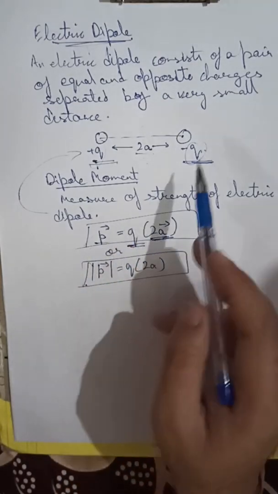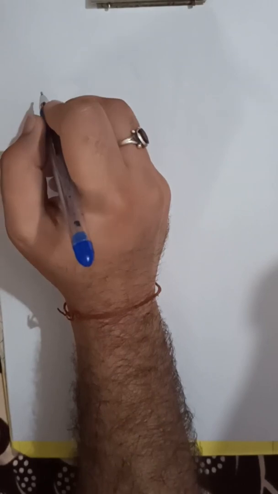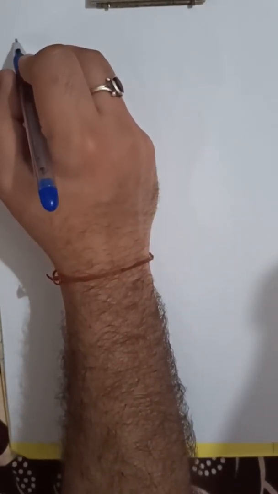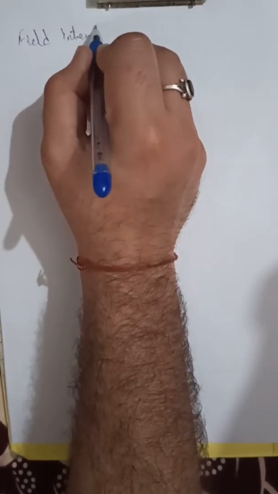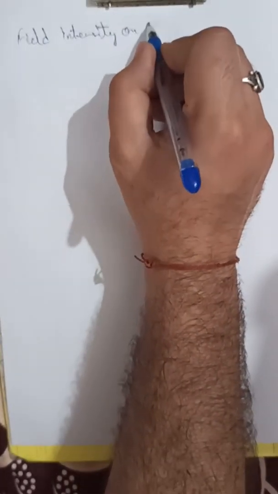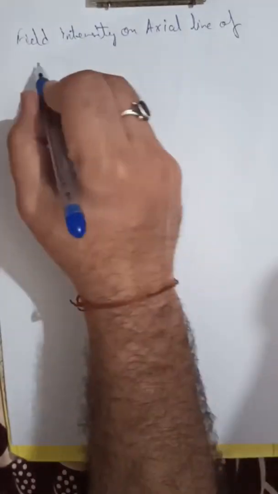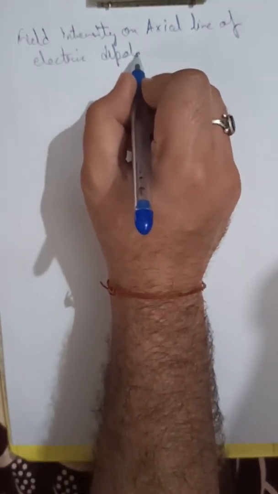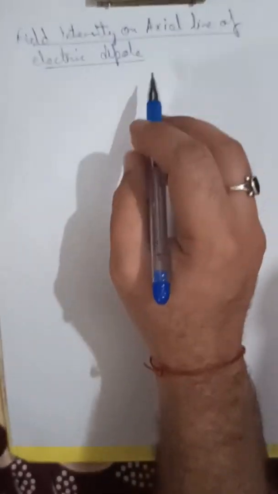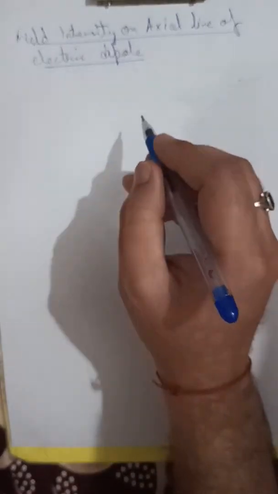What is the dipole field? The field around the dipole is called dipole field. Now we will move toward the very important topic of this chapter, that is field intensity on axial line of electric dipole. So what do you mean by axial line? Axial line means that line which is on the axis of that.